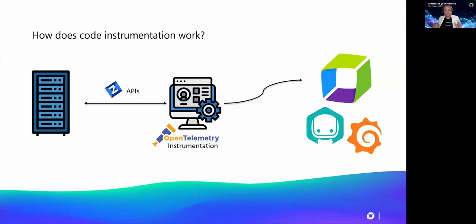So for example, maybe I created a JavaScript application and I use OpenTelemetry JavaScript instrumentation. I want to observe all the HTTP instrumentation of my JavaScript application.